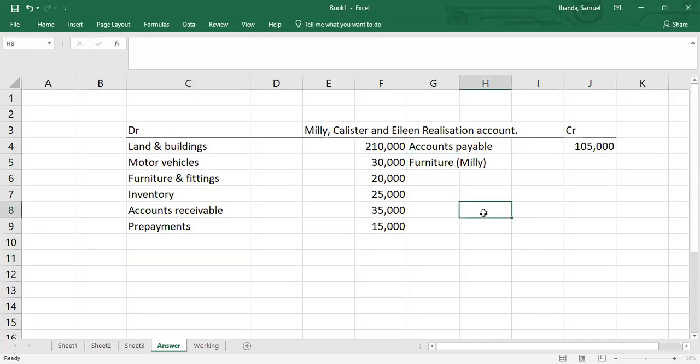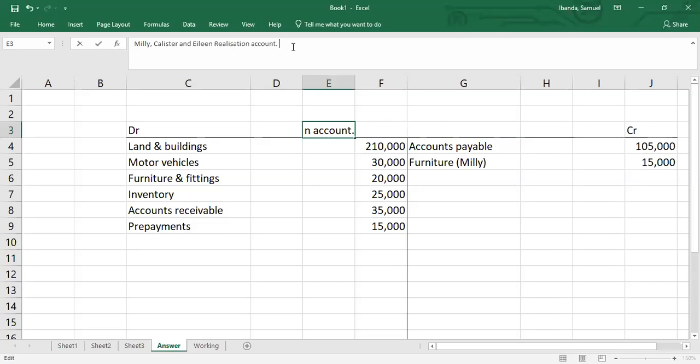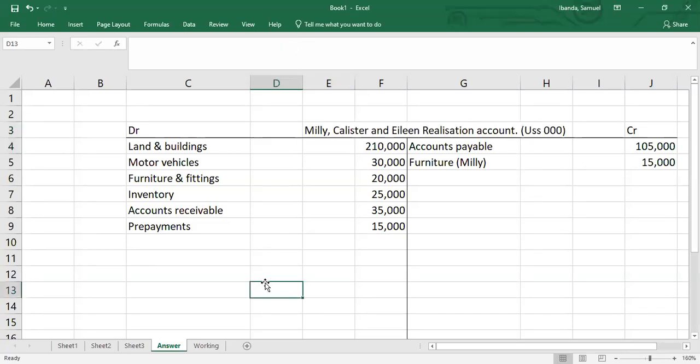Millie is taking the furniture at 15 million. So this is 15,000. I just want to include the degree of precision here. Very important. Don't forget it. These are thousands, okay? So that is what I basically have, okay?